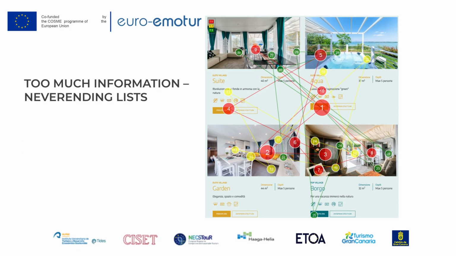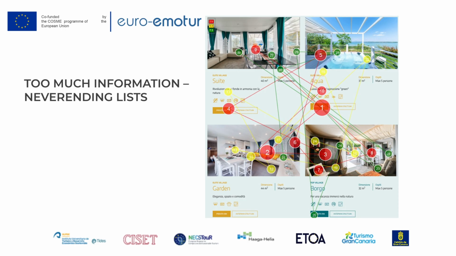There is another example here, again from a hospitality website. Again, a different kind of accommodation, not rooms. They also have different kinds of names, but the names are not descriptive of the differences between one accommodation and the others.